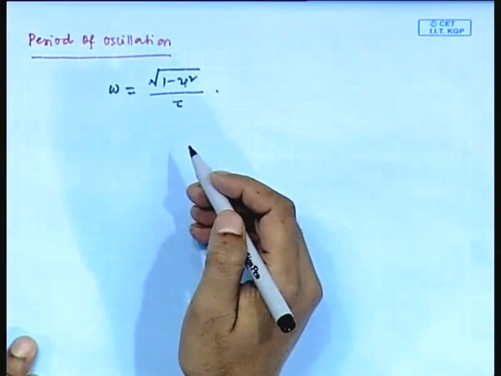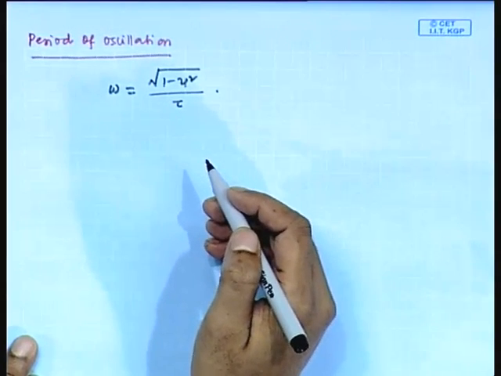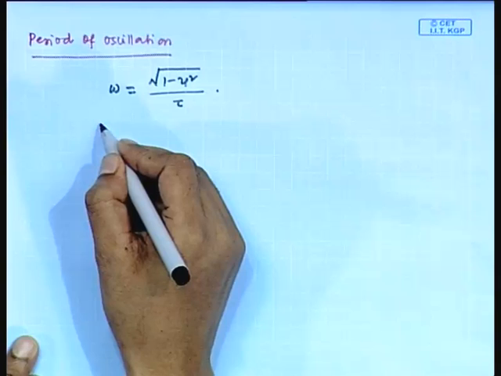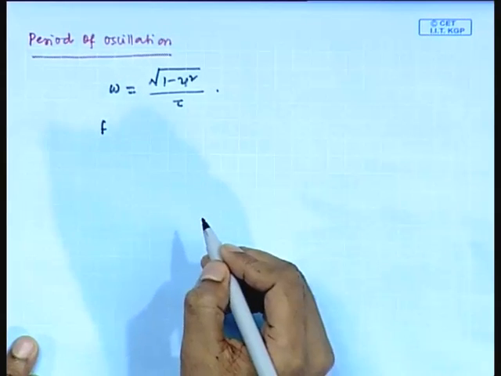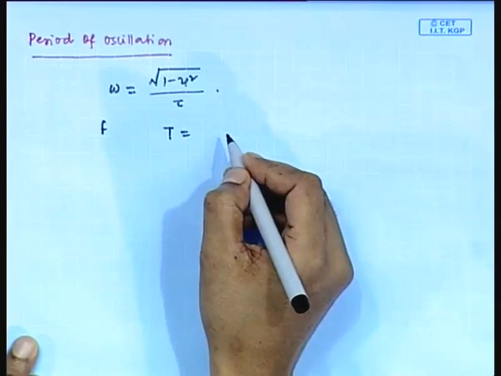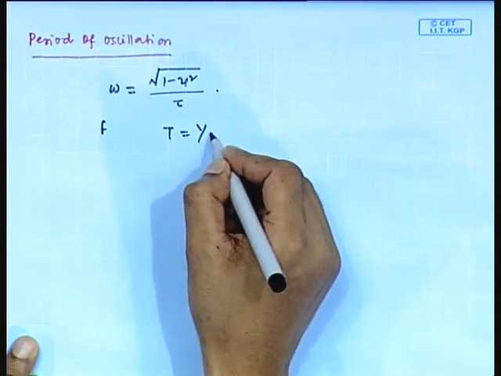Now, we will consider f, the cyclical frequency. Unit is cycles per unit time. So, if the cyclical frequency is f, then the period is 1 by f.